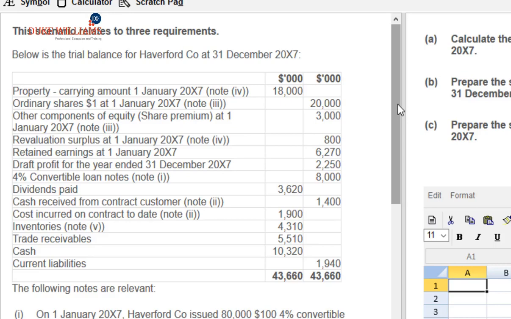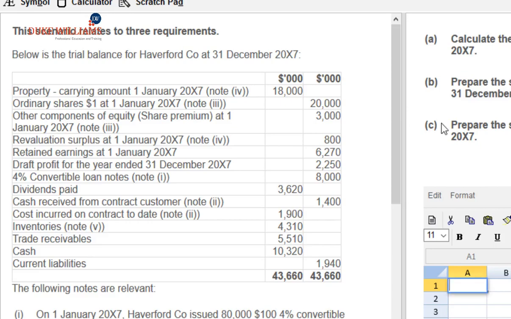We have revaluation surplus, retained earnings, draft profit for the year, which you have to adjust, 4% convertible loan note, dividend, cash received from a customer, contract customer, cost incurred on contract to date. So we have to look at the notes, inventories, trade receivables, cash, current liabilities.